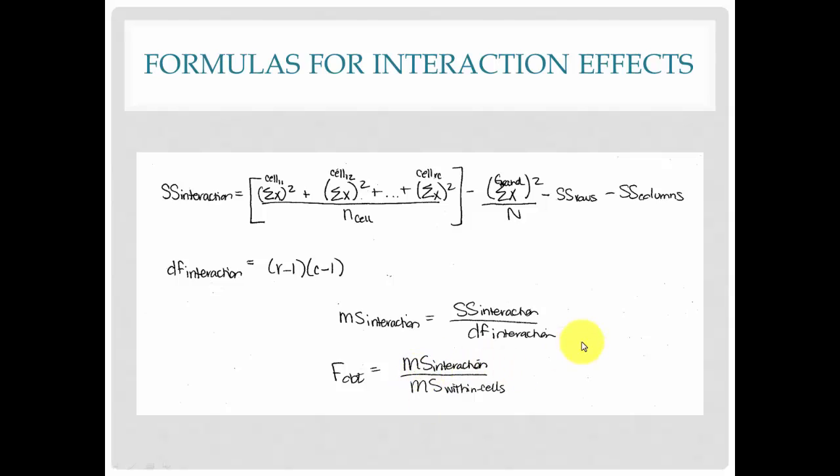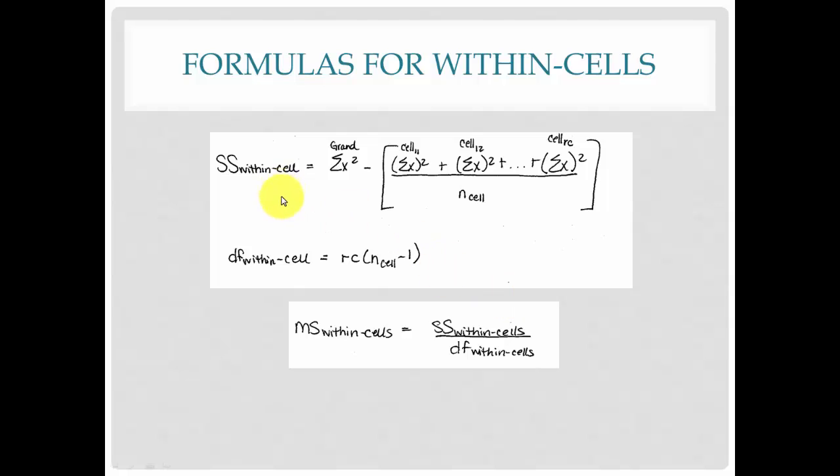Alright, so we have one more calculation we need to do, and that is mean squares within. So for mean squares within, you're going to notice that again it looks a lot like the one-way ANOVA calculation. So what you first need to do for your sums of square within is calculate your grand sum of x squared.